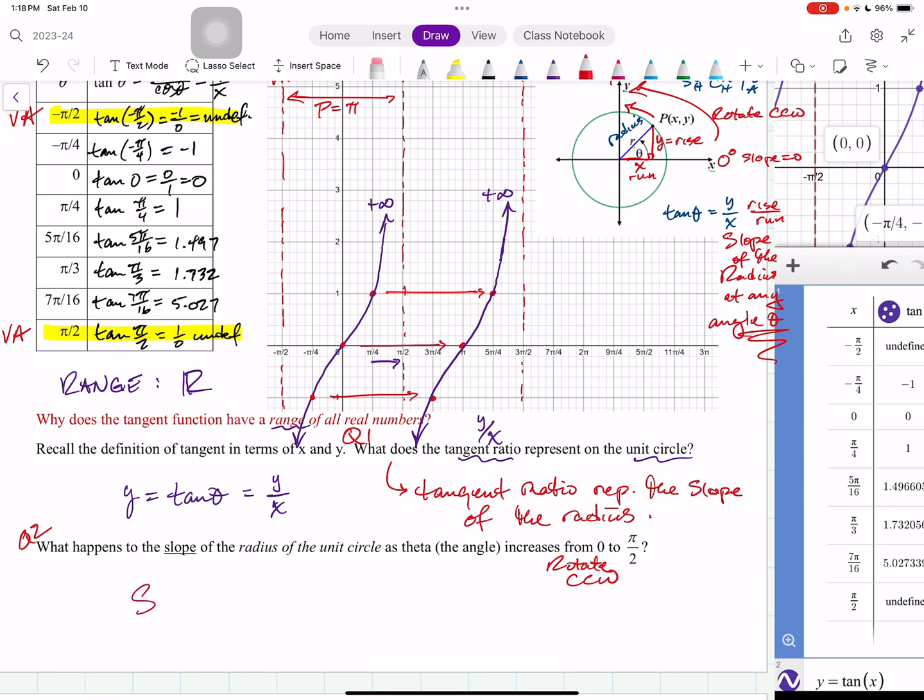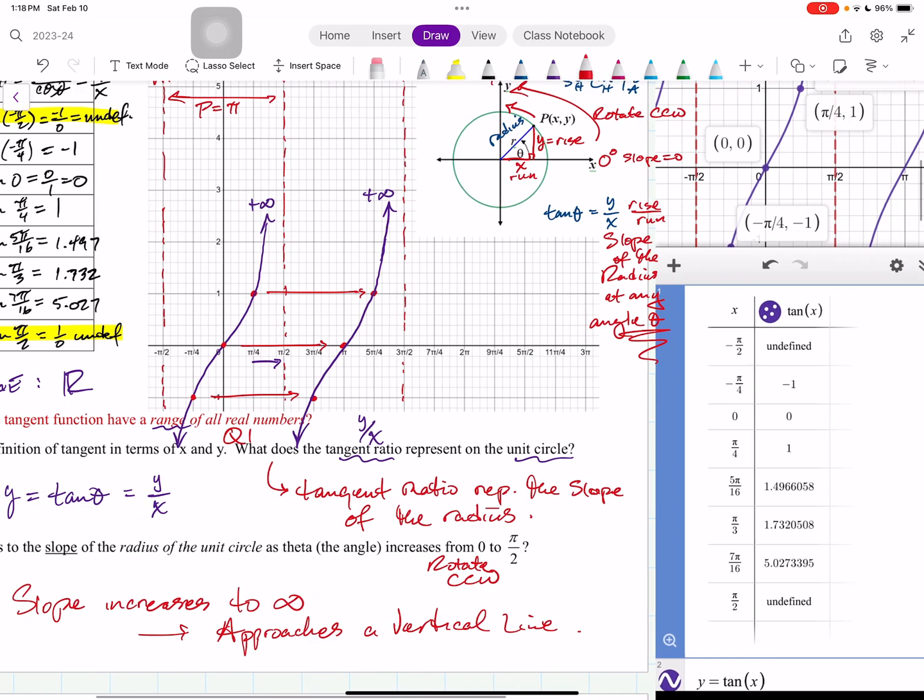It approaches a vertical line, which has infinite slope.